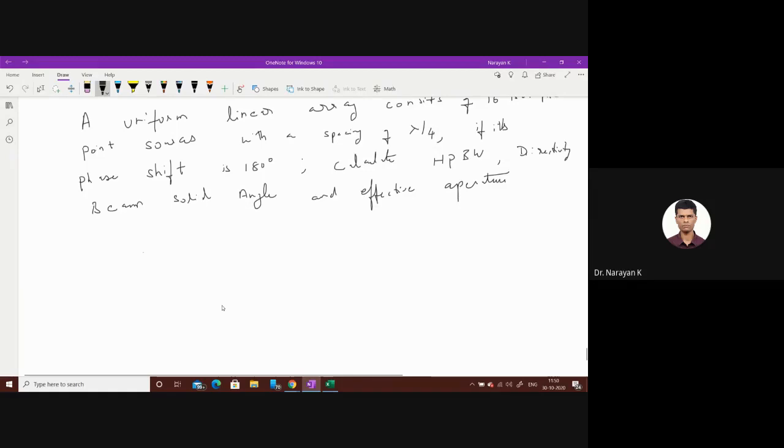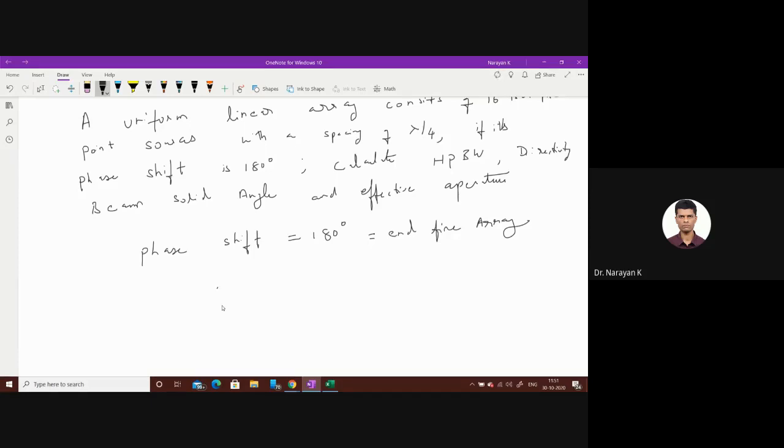End fire array. Since phase shift is 180 degrees, this is an end fire array, so use all the formulas from your end fire array.